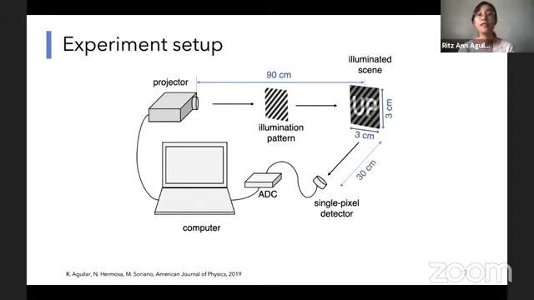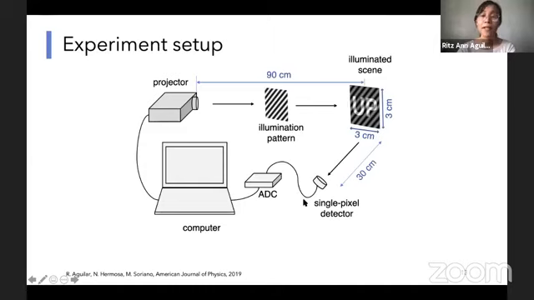So after you've built the lux meter, characterized the sensor, and calibrated the entire imaging system, you can now build your experimental setup. In our case, our spatial light modulator is just a commercial projector, and the ADC here is again the Arduino board. The single pixel detector here is just an LDR, which is very cheap. Then we employ a particular technique called Fourier ghost imaging, wherein we project a series of sinusoidal patterns onto the object.